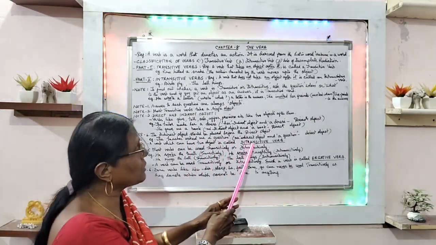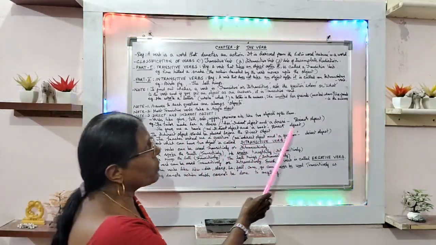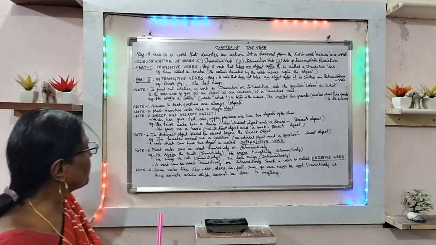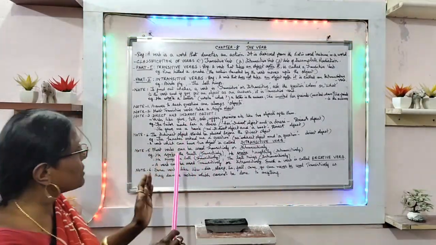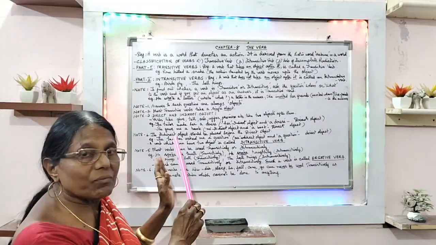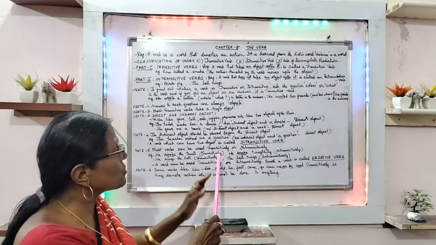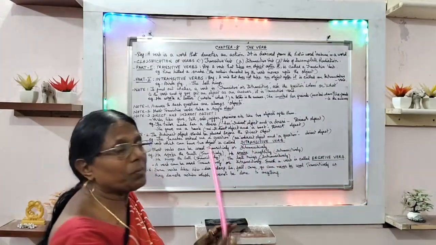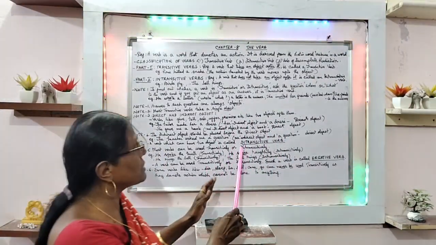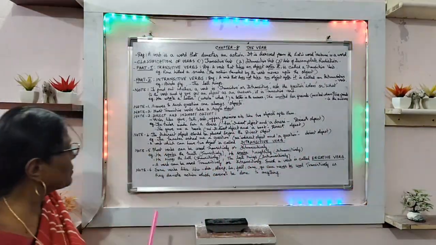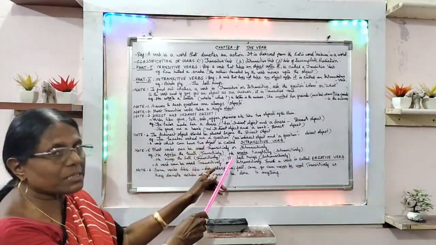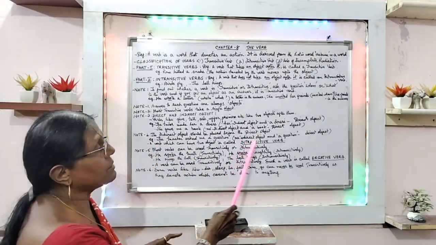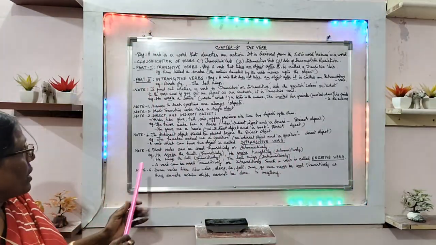Here, me is the indirect object and a question is the direct object. Now, this kind of verb, where we have two objects, is called ditransitive verb. In grammar, we call them ditransitive verbs. The particular verb which has two objects is called a ditransitive verb.